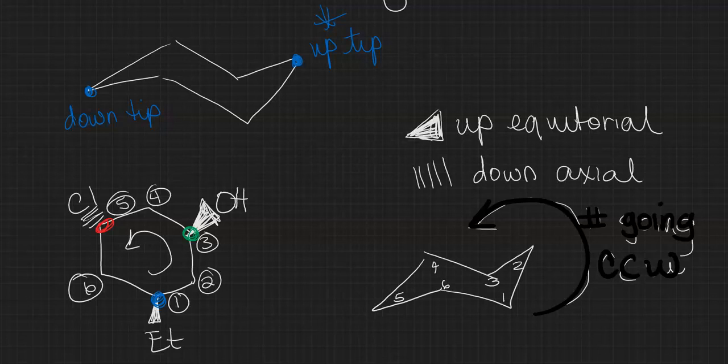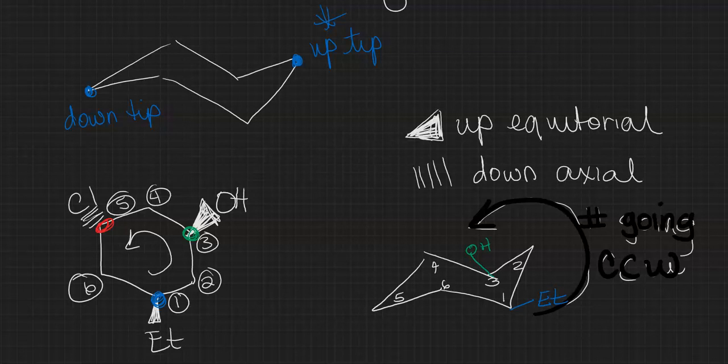I want to look at what I have at 1, which is an ethyl, and it's a dark wedge. So we said we want to put it in the equatorial position. So here, up in that equatorial position. At position 3, I have OH. I want to also put that up and at an equatorial position. So I have that here.